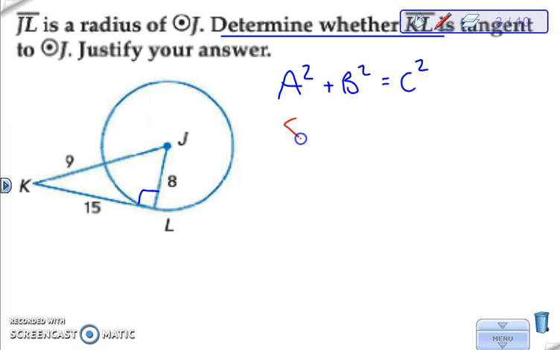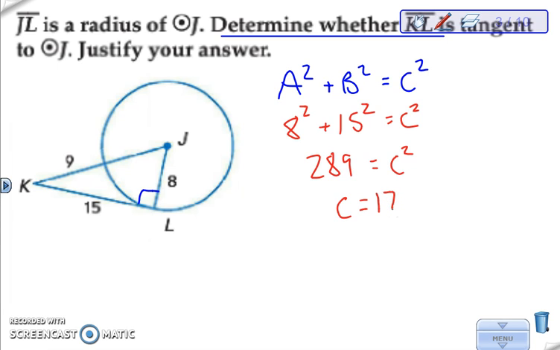Plug in what we know. And so we should get 17 for the third side of the triangle.